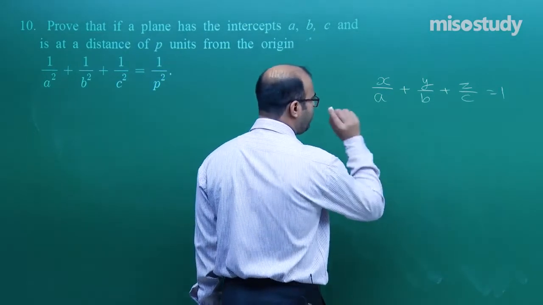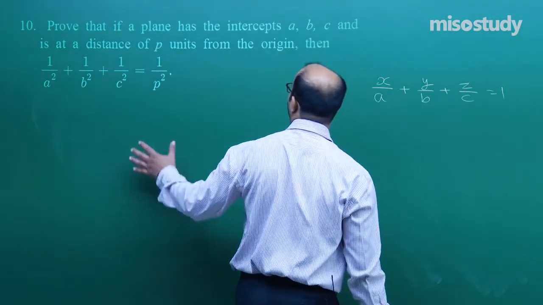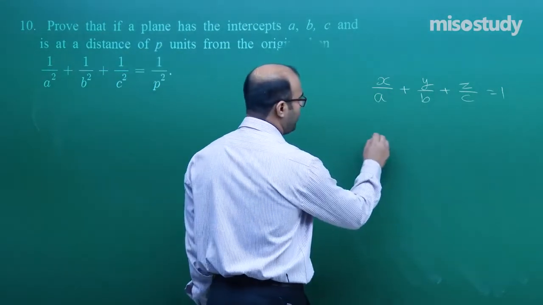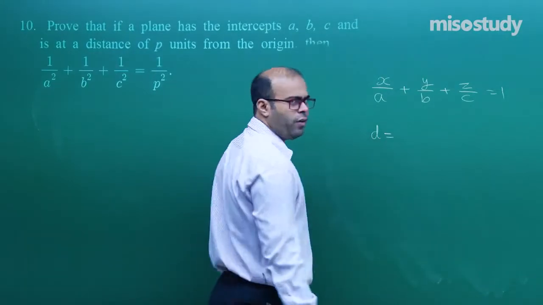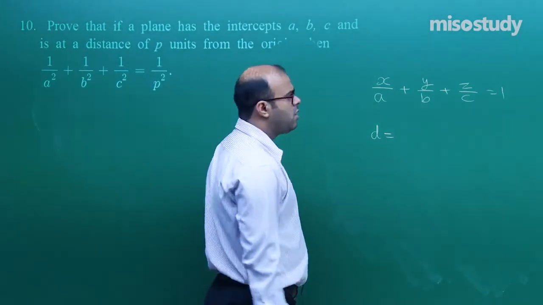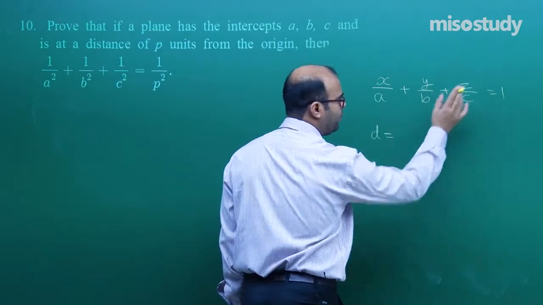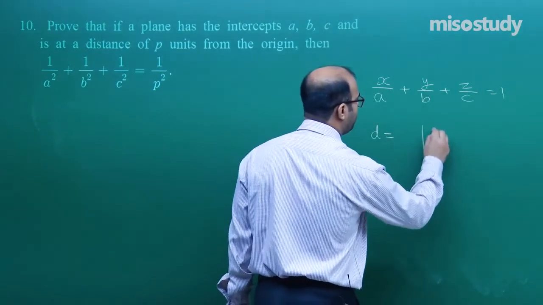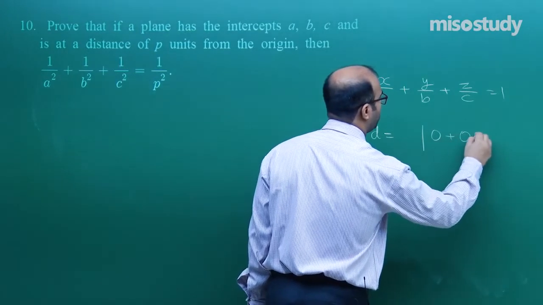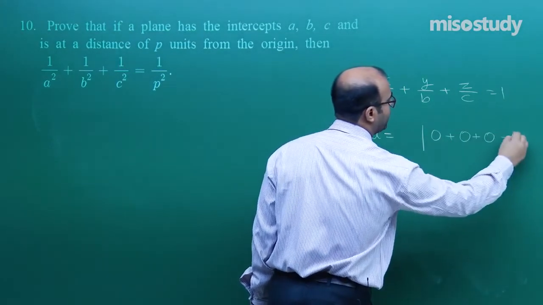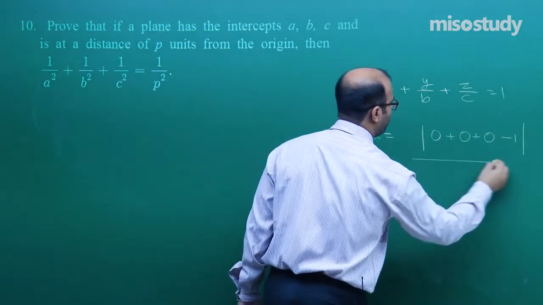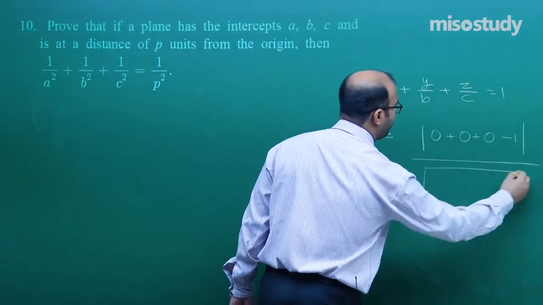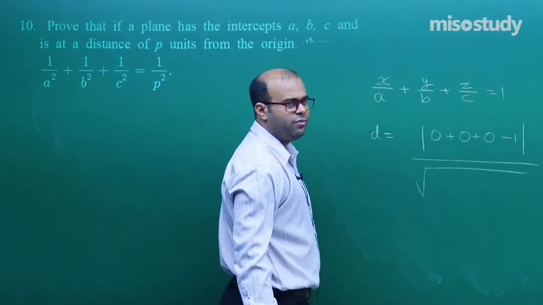Now the distance of this plane from the origin is given as p units. So what is the formula for distance of a plane from any point? We will substitute the point here in place of x, y, z, which is here 0, 0, 0, and write 0 plus 0 plus 0, and this will come here minus 1, and modulus of this by root over sum of the square of the coefficients of the 3 variables.